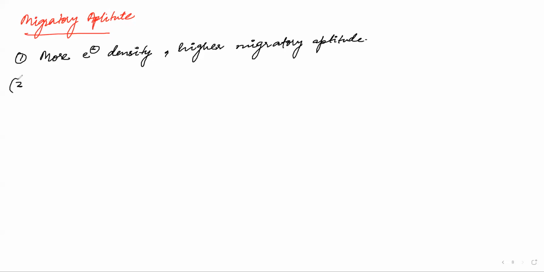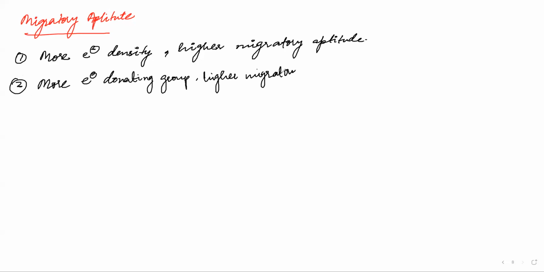Also, if you have phenyl rings and so on, that means more electron donating group. It will give higher migratory aptitude.